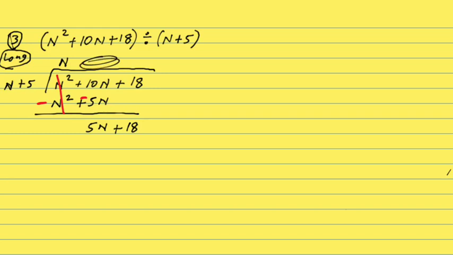Now, n times what will give me 5n? N times what is 5n would be 5. 5 times n is 5n. 5 times 5 is 25. Change the signs and add, and the number you have left is called your remainder.